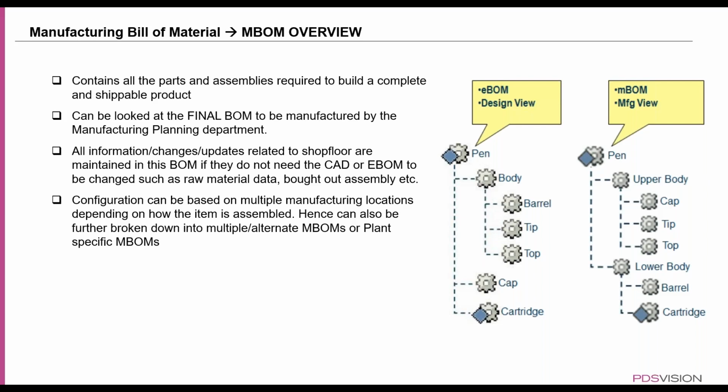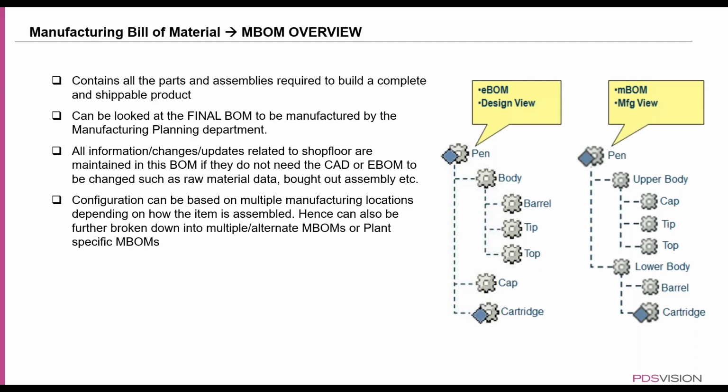In the example here, we have a pen where, if I am designing, I just need to make sure that all these components are in there. I can create the sub-assemblies also, that is fine, give it a bit of a structure with related components, but you're not really worried about how this is going to be manufactured. You're just making sure that it meets the requirements and everything is there.